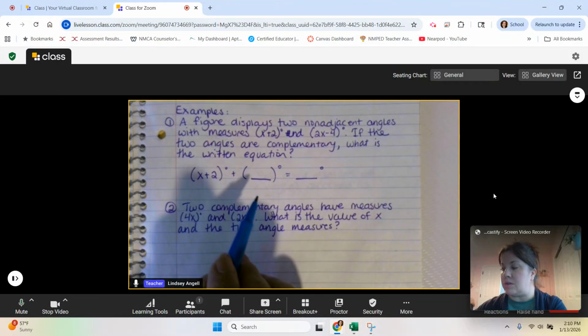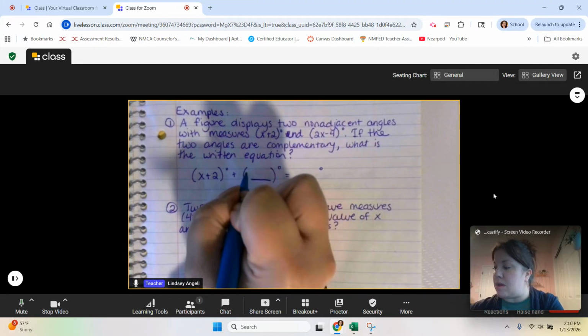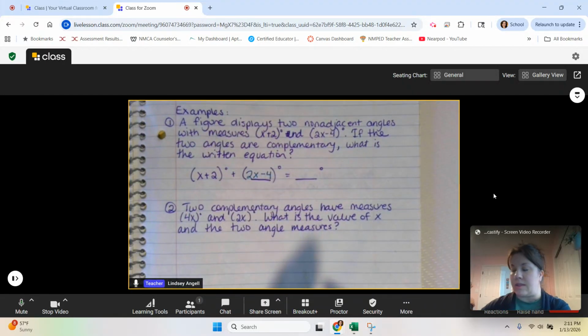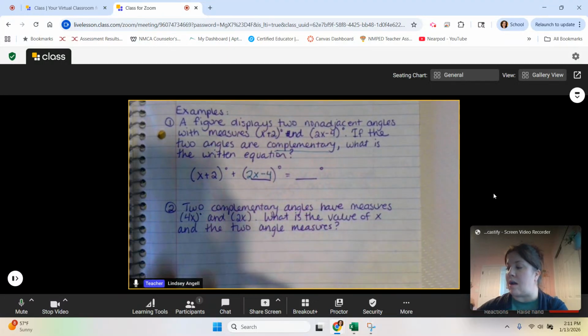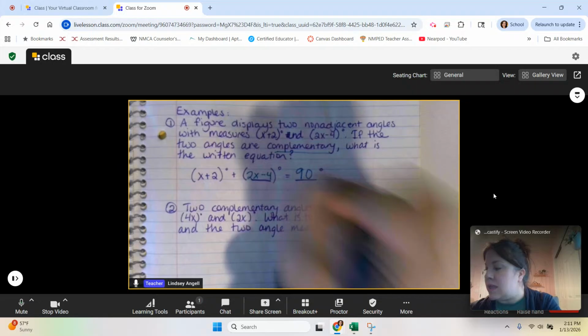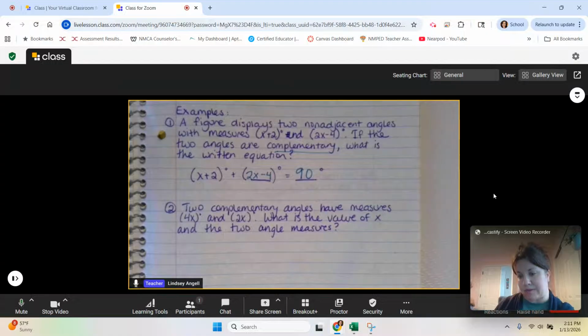So the other two, it's like both angles. They gave you x plus 2, and then we also have 2x minus 4. And then the other big hint was that they're complementary to each other, meaning when they are added together, they equal 90 degrees. So these are the two sections that you have to fill in the blanks for.